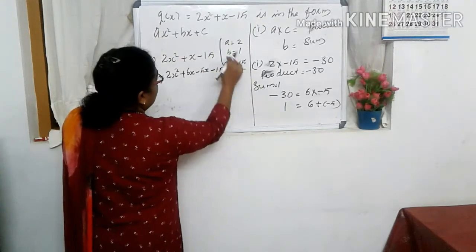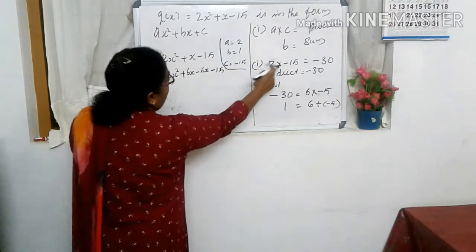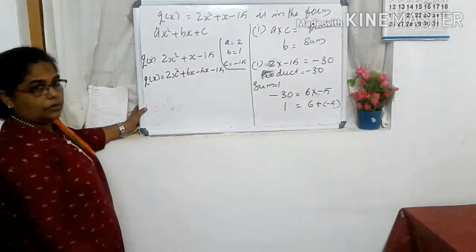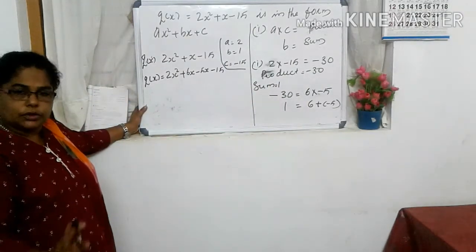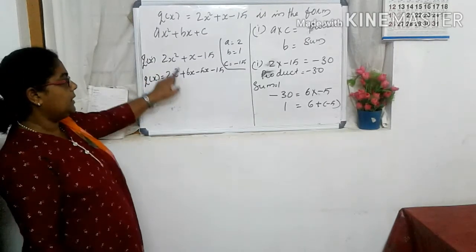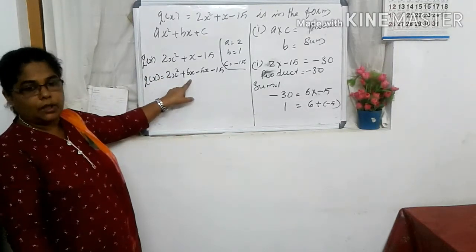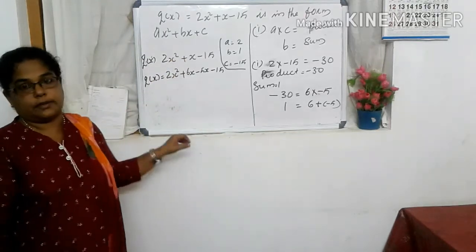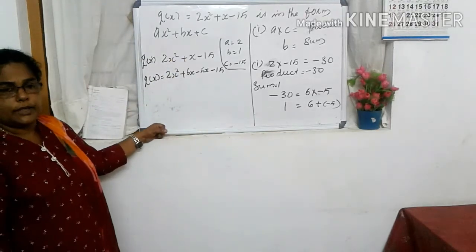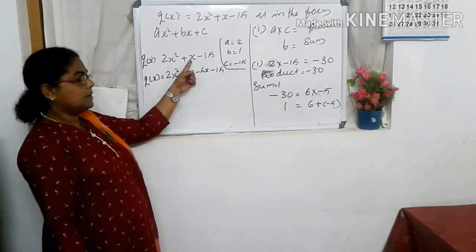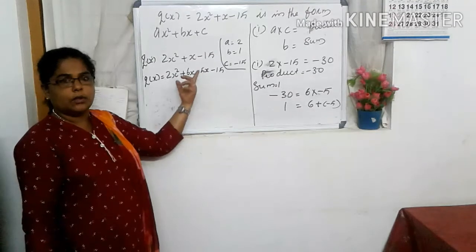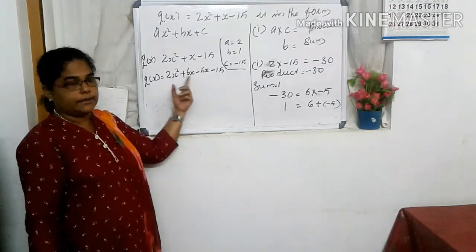Don't think that here we multiplied 6 and 5 and wrote 30. No, not that way. We are not changing a and c, we are not changing b also, but we are just splitting b in two parts. x is equal to 1x, and 6x minus 5x also gives how many x? 1x.